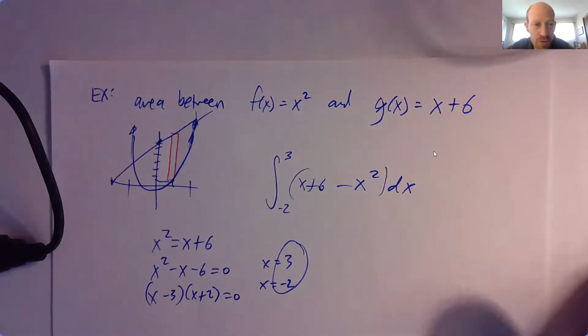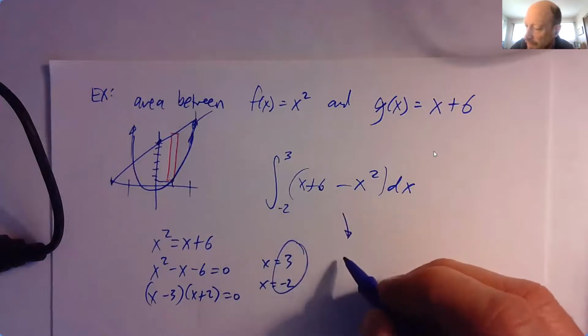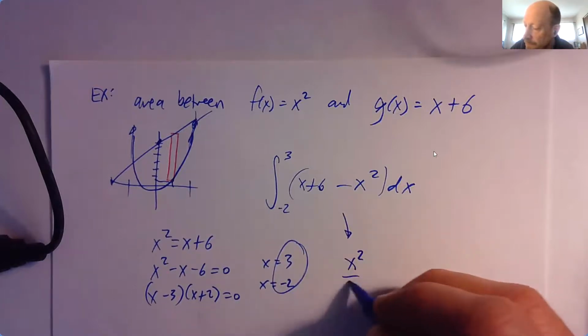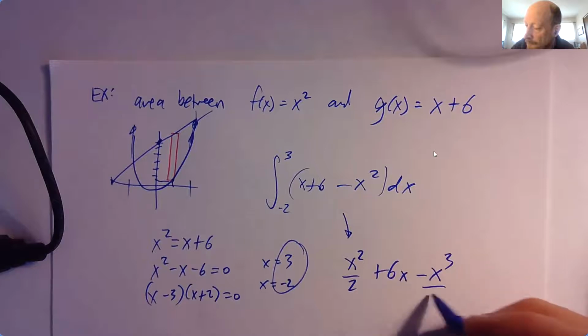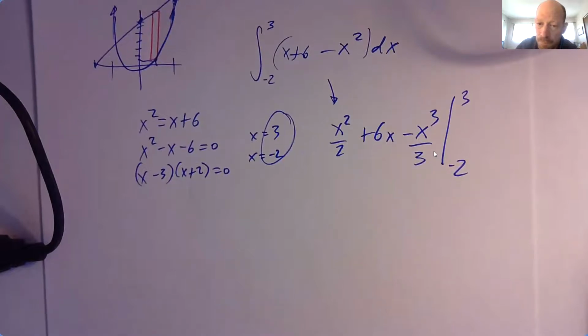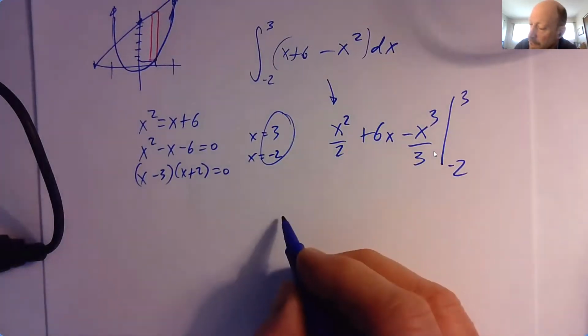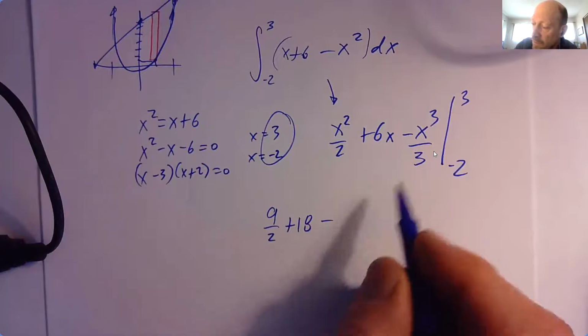In this case, this one is not too hard to continue. We would find the antiderivative, and we would evaluate it from -2 to 3. So I put in 3, 9/2 plus 18.